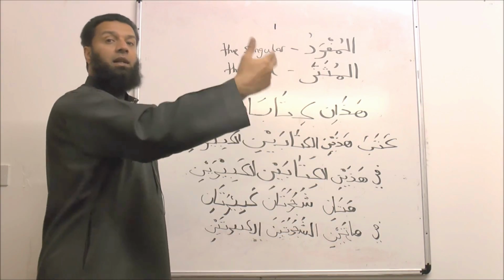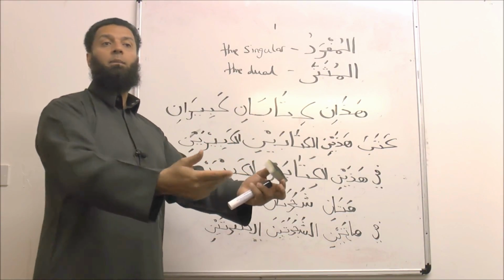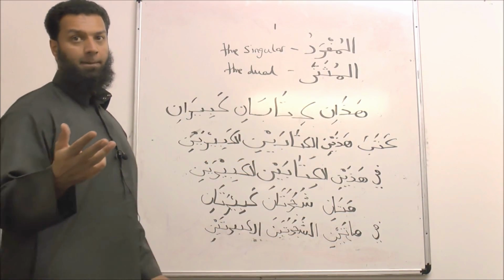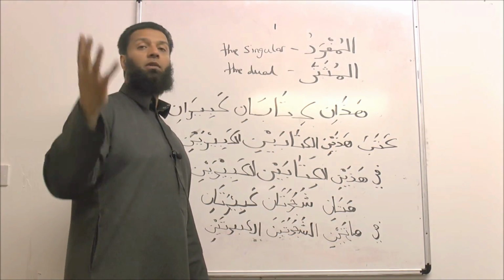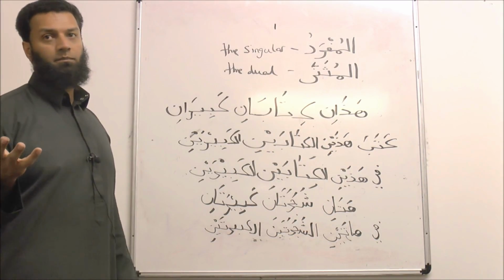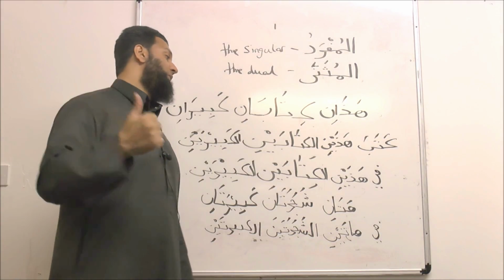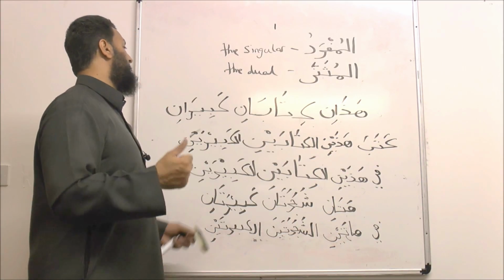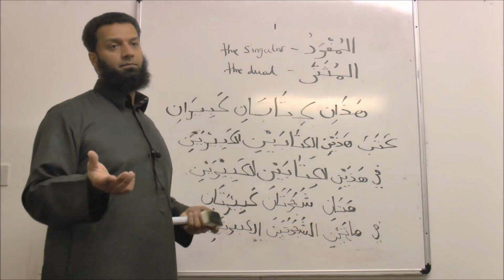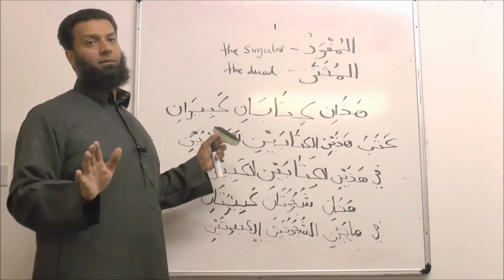These are only two magicians, sorcerers. They want to expel you from your land. The dual is used. Why? Because it's referring to Musa and Harun alayhimas-salatu was-salam. Okay? Is that clear?